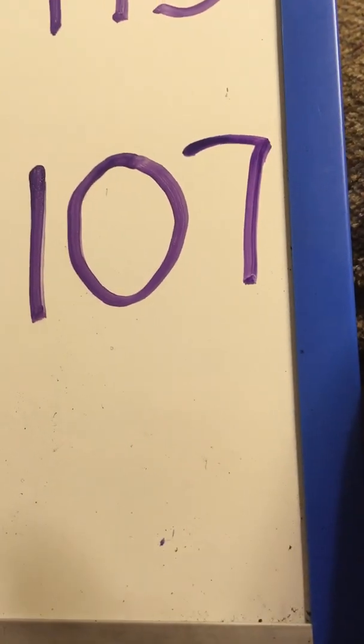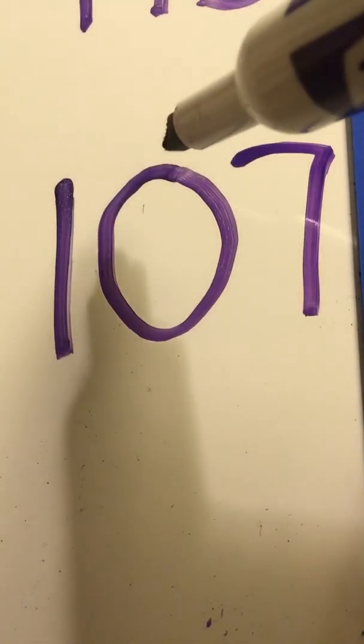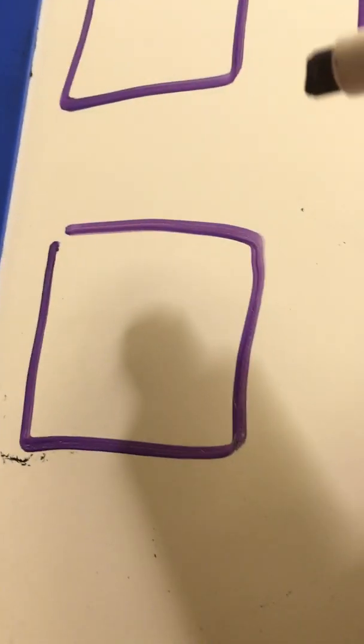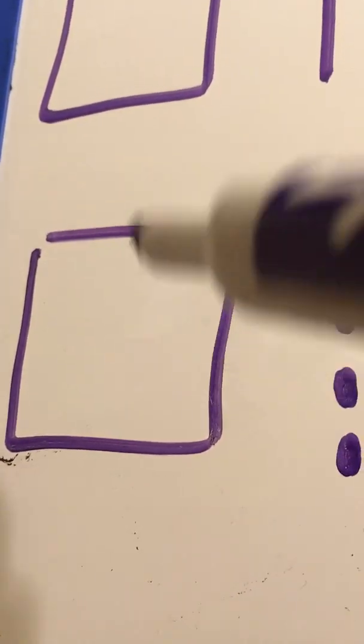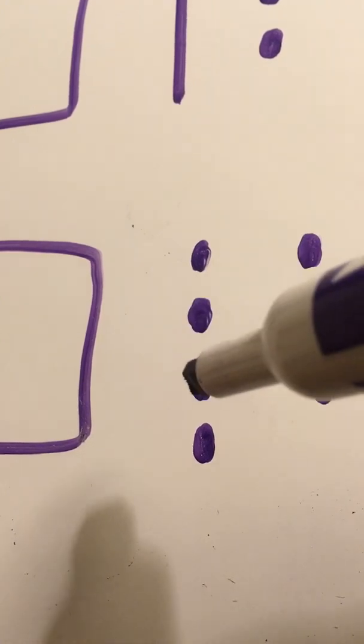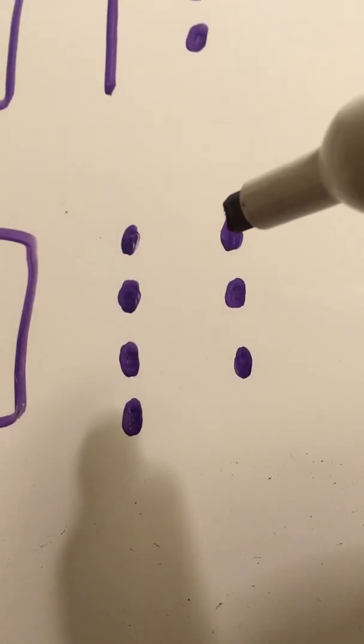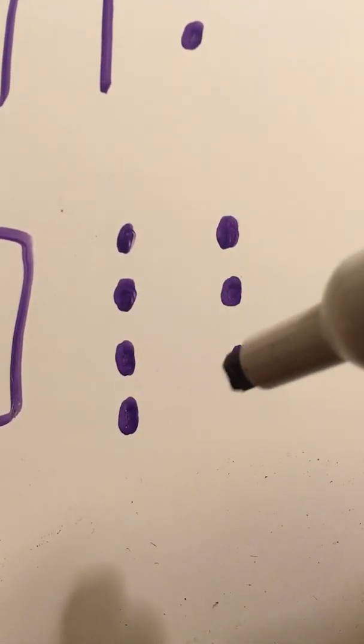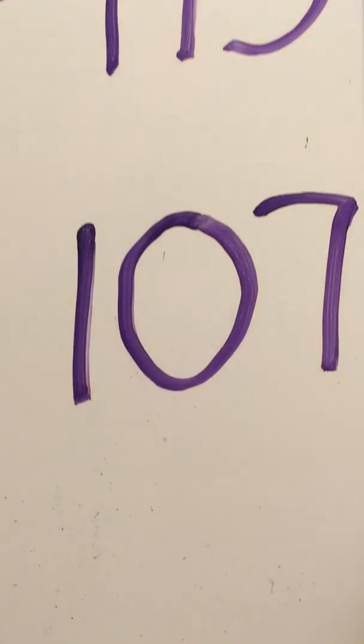And how many ones do we have? 7. So our number is 107. Let's count from our drawing all together. 100, 101, 102, 103, 104, 105, 106, 107. And there's our number, 107.